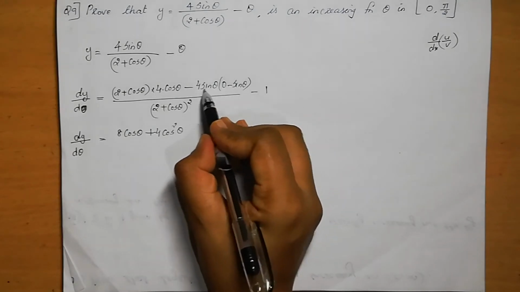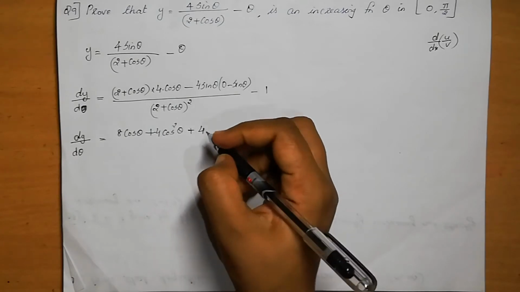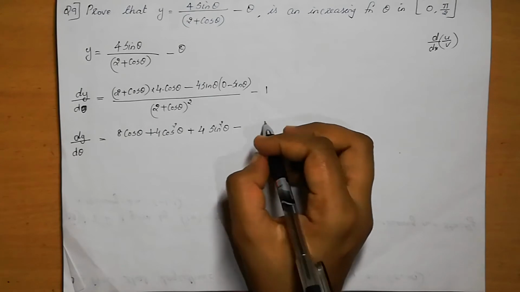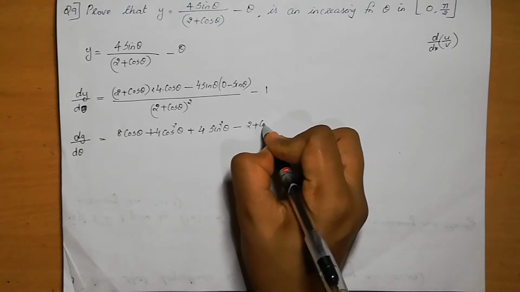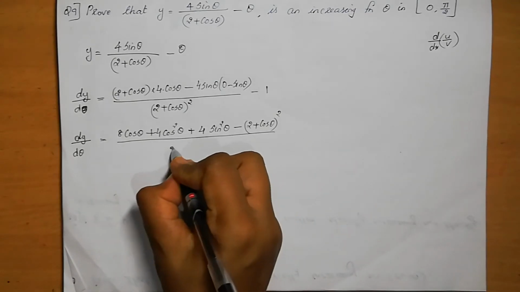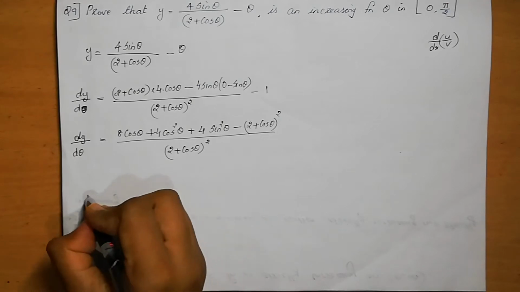This is 0 only, minus into minus plus 4 sin square theta, minus. Cross multiply means what will happen? 2 plus cos theta the whole square, the whole divided by 2 plus cos theta the whole square we can write.